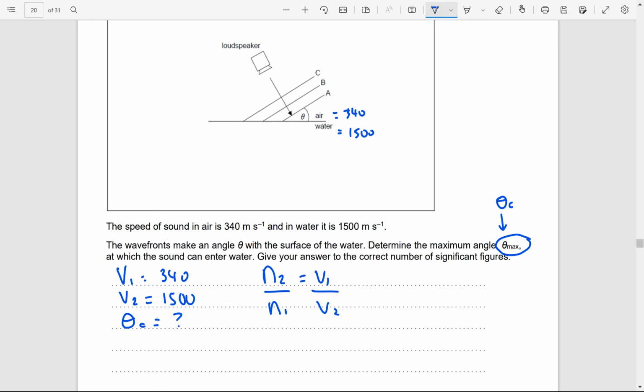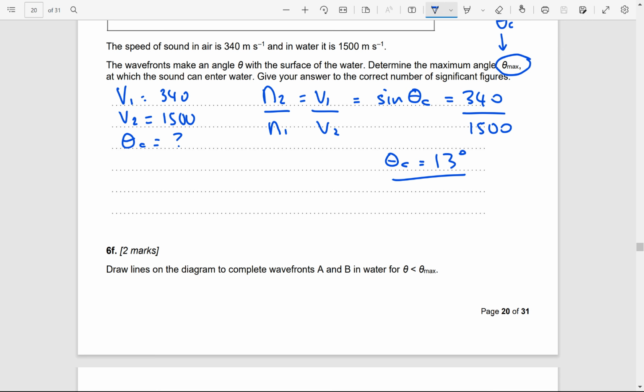Now, I also know that N2 over N1 equals sine C. So, what we can say is that sine theta C equals V1 over V2, which we do know. So we've got 340 divided by 1500, and so theta C is the sine to the -1 of that answer, which comes out as 13 degrees.